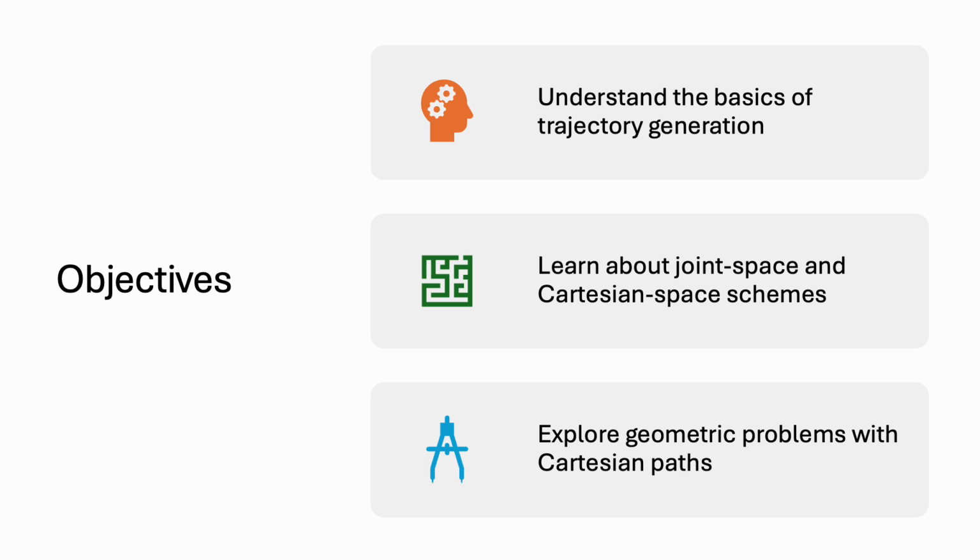This precision is crucial for tasks that involve intricate manipulations or interactions with delicate objects. By achieving these objectives, trajectory generation plays a vital role in improving the overall performance and versatility of robotic systems in various industrial and research applications.